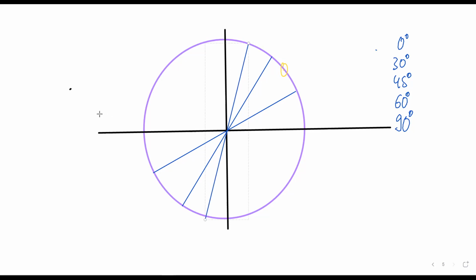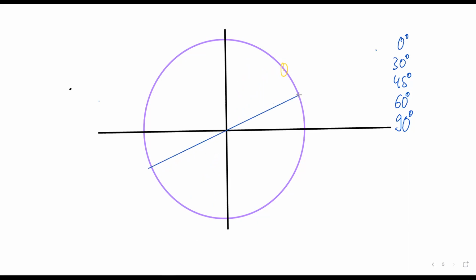Okay, let me redraw this. This seems to be more like 30 degrees. This seems to be more like 60 degrees. I think more or less it is fine.